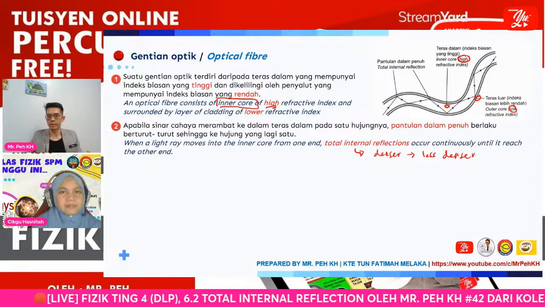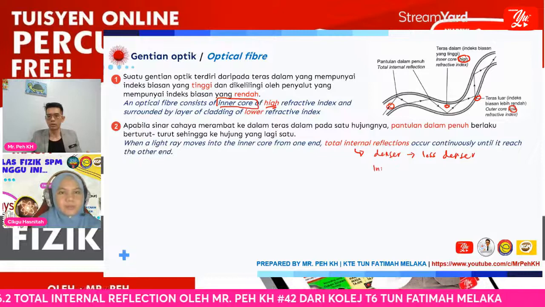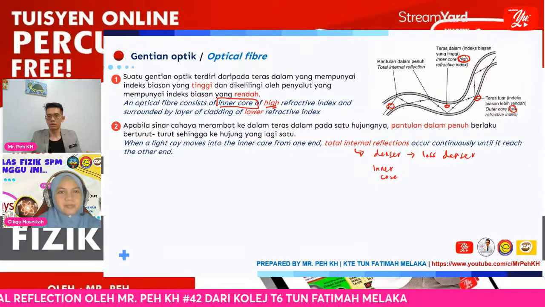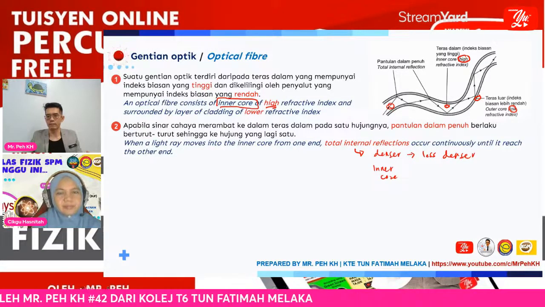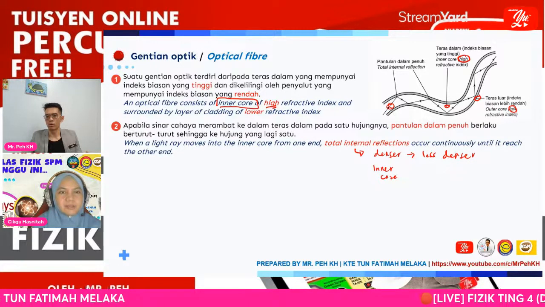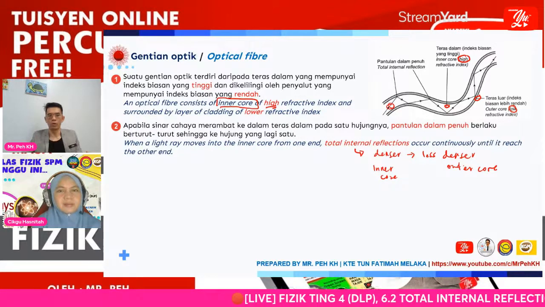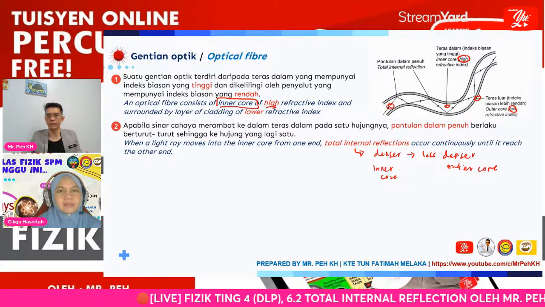The denser medium here refers to the inner core. Then the less dense medium will be the outer core, or here is a layer of cladding.